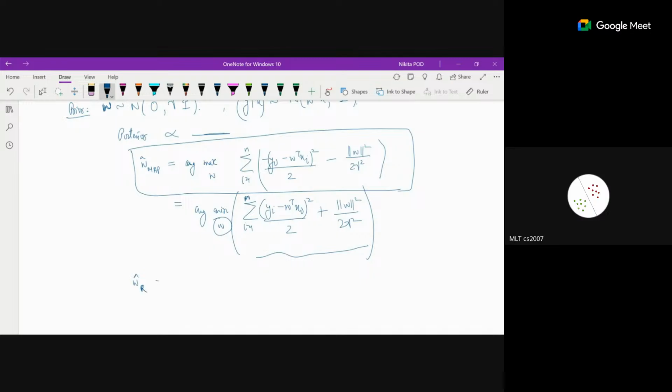After solving this problem, the W hat R that you get is (XX transpose plus 1 upon gamma square I) inverse times XY. So this is how we had gotten this new estimator. And what we had seen is that the mean square error for this estimator is lesser as compared to when we were looking at the ML estimator.